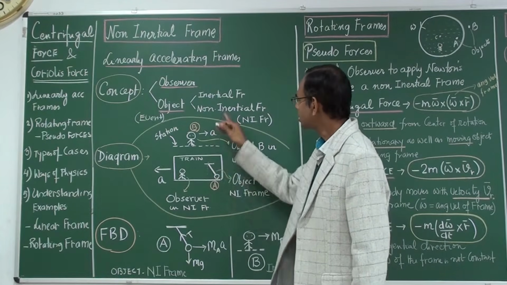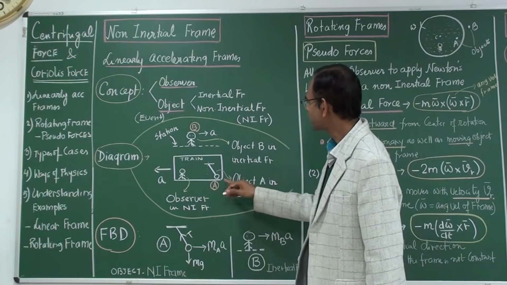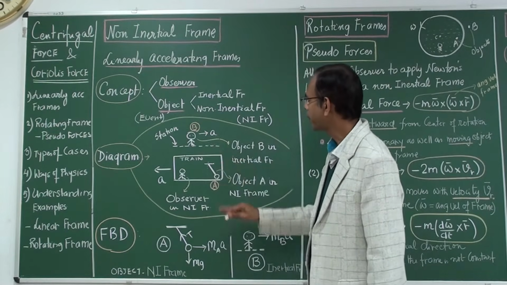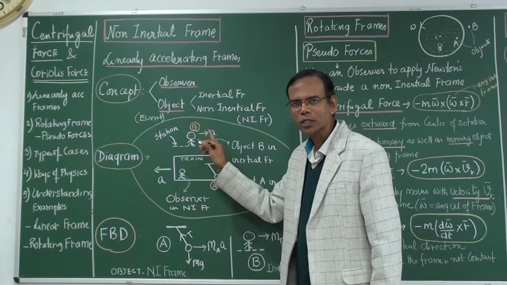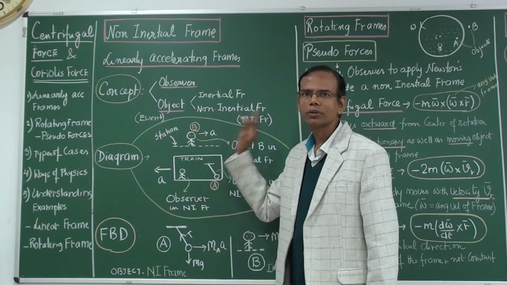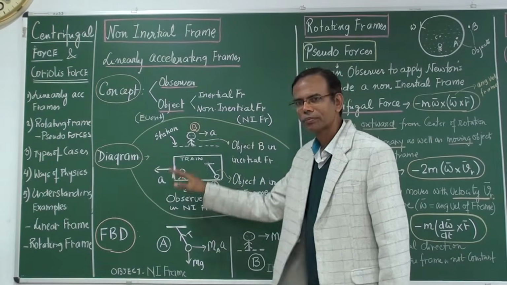That is an object in the non-inertial frame, object A, as in the usual cases. Now, the object can be outside the frame as well. That means there is a station over here and a man is standing over here. So, this is the picture.